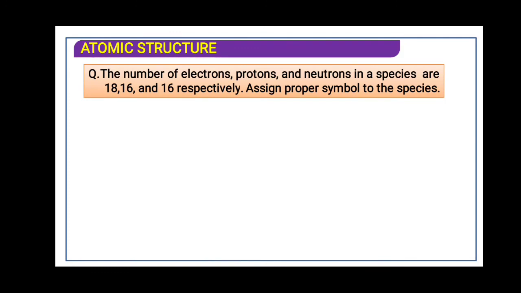Now this numerical problem, students, try for yourself. Pause the video and try for yourself. They have given electrons 18, protons 16 and neutrons 16, and they have asked for the symbol of the element.